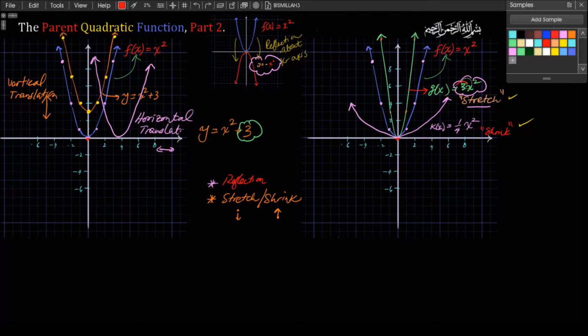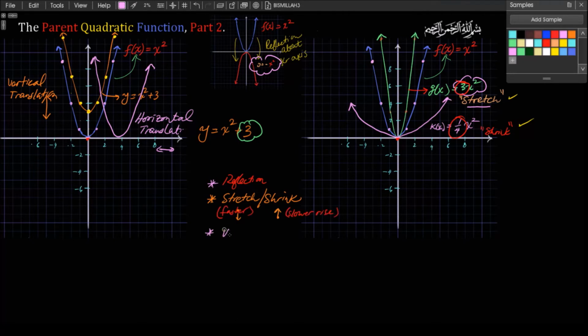Undoubtedly, it's more important to understand what happens to a function when you introduce a constant like this, a 3 before the x squared and 1/4 before the x squared. One will make the graph go up faster, and the other one will make the graph go slower. Perhaps a more appropriate terminology would be a faster rise and a slower rise. A stretch is a faster rise, a shrink is a slower rise.